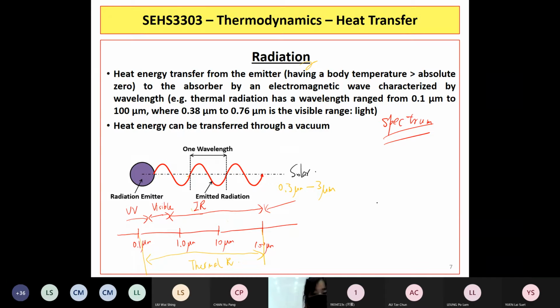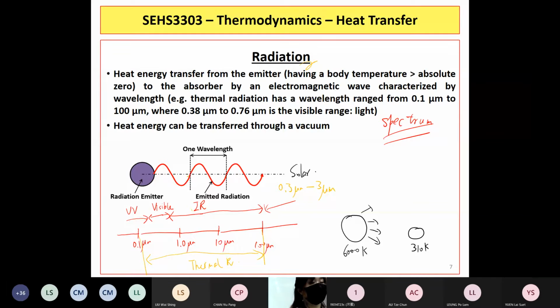And also, let's say we have sun, right? This is a sun, and this is our Earth. Sun is about 3,000 K, the temperature should be. Our Earth maybe, let's say, about 300 K, 310 K. So Sun, the temperature is larger than absolute zero. So it will definitely emit radiation, right? At this time, our Earth will be an absorber.